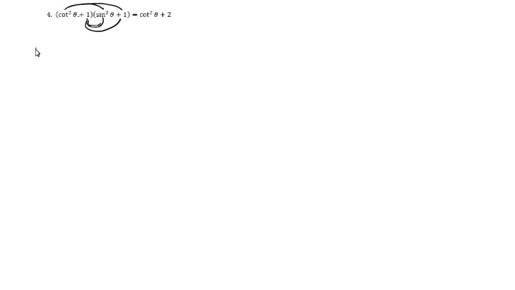So I'm going to get cotangent squared times sine squared plus cotangent squared plus sine squared plus 1. Okay, so let's see here. We need to match it with cotangent squared plus 2, right?